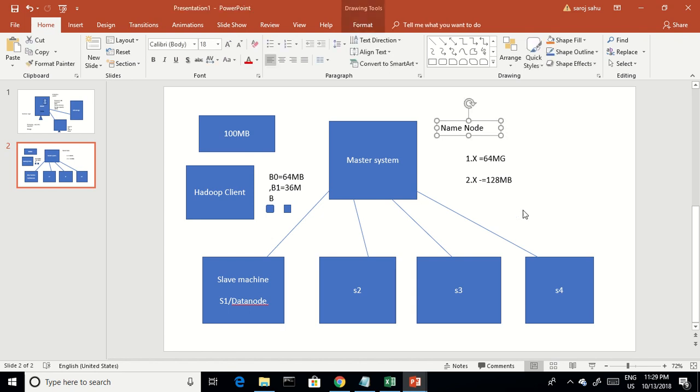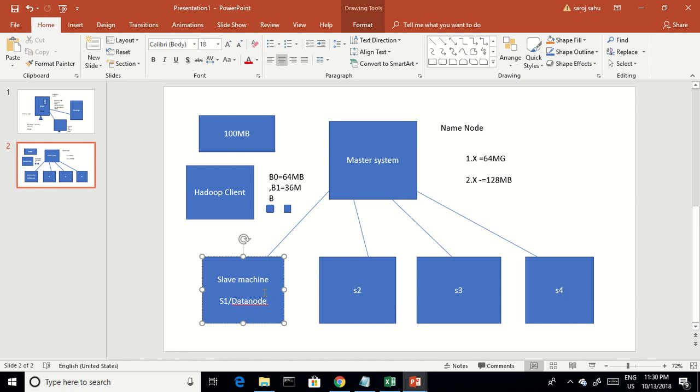So the name node daemon is running in this system to differentiate it within the cluster, so it is called a master machine or name node. Likewise, in the slave machines, the data node is a daemon running in every system.